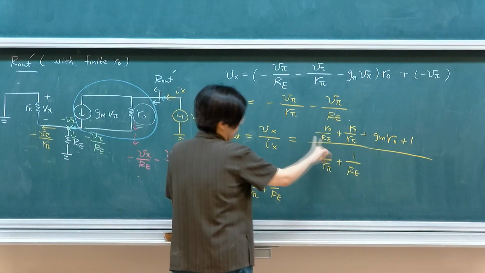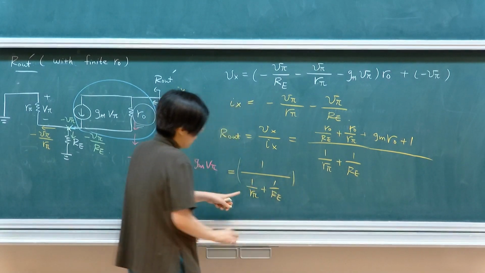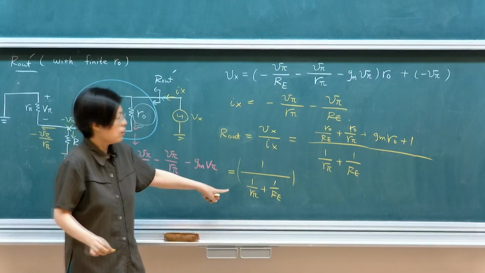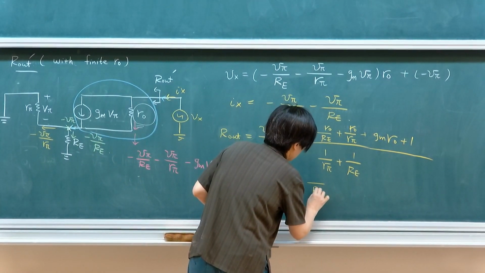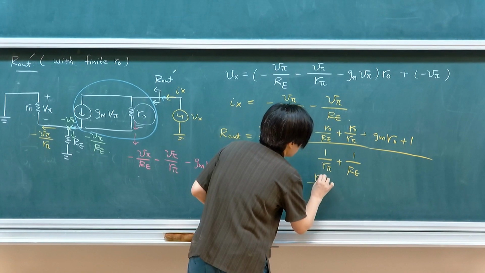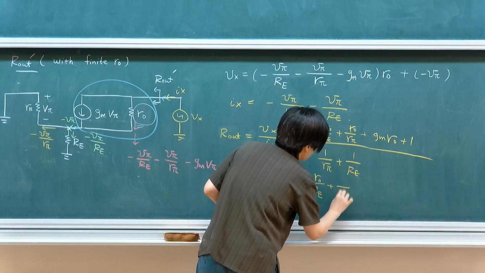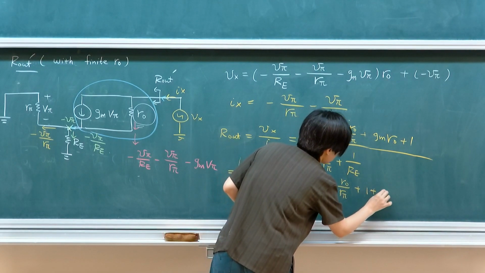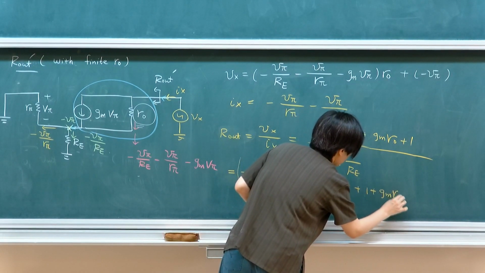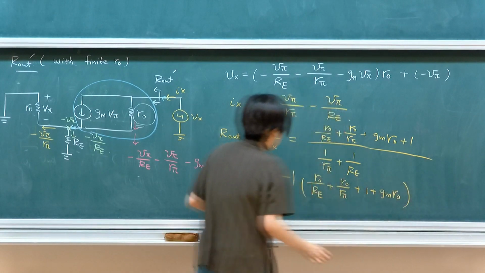So you simply get this term out. And then I'm having RE, RO plus R pi plus 1 plus GM. Okay?